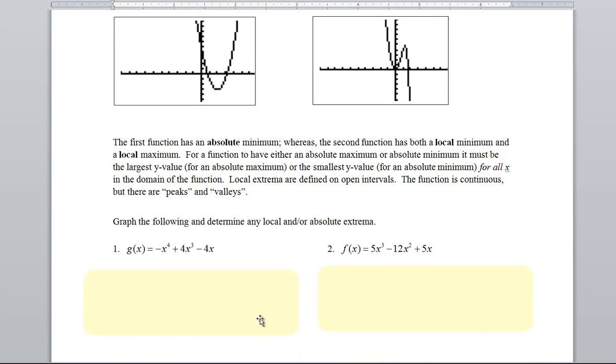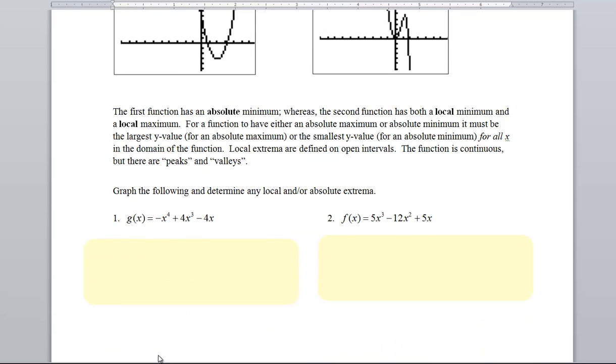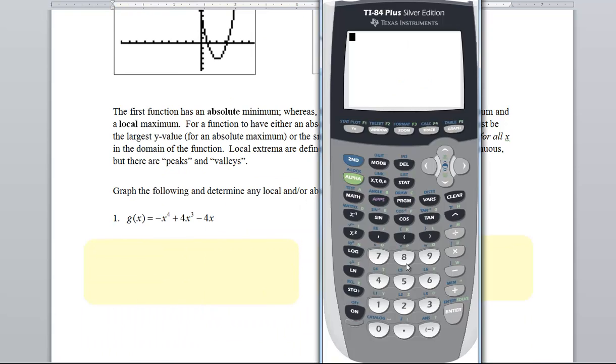So best thing to do is graph and see what kind of picture you end up with. So I've got my calculator. So we'll go do this one. I've got a negative x to the fourth plus 4x cubed minus 4x. Let me ask it to graph.